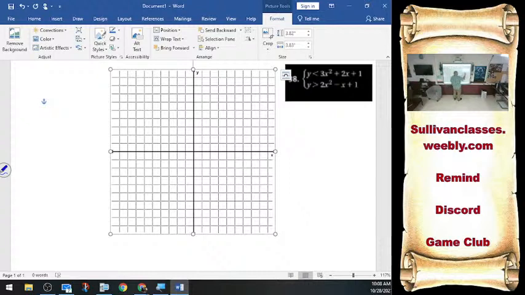First one. Negative b over 2a. Negative 1/3 squared is 1/9. 1/9 times 3 is 1/3. 1/3 plus a negative 2/3 is a negative 1/3 plus 1 is 2/3.